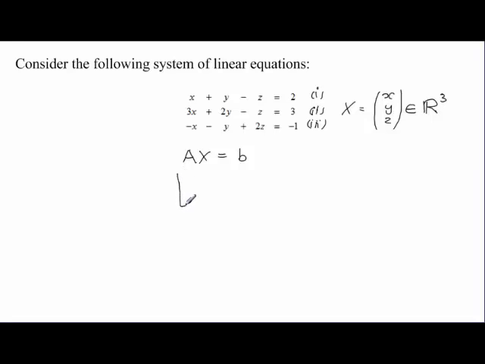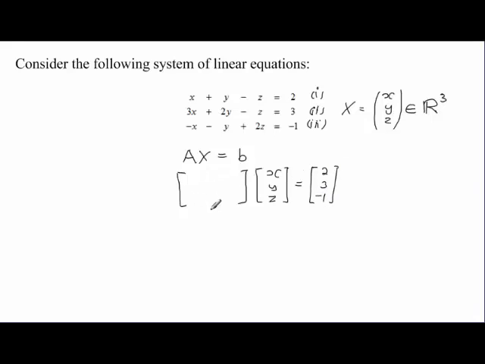But let's do this. If from every row here, 1, 2, 3 rows, we remove x, y, z, and put it this way, x, y, z, because X represents the matrix of the unknown, and then equals 2, 3, minus 1.